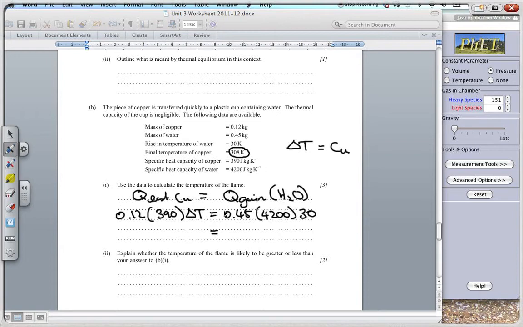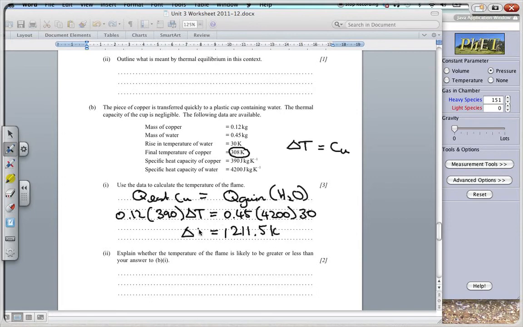So we have 0.45 times 4,200 times 30, and we're going to divide that by brackets 0.12 times 390 close brackets, and I get a value of 1211.5 Kelvin.